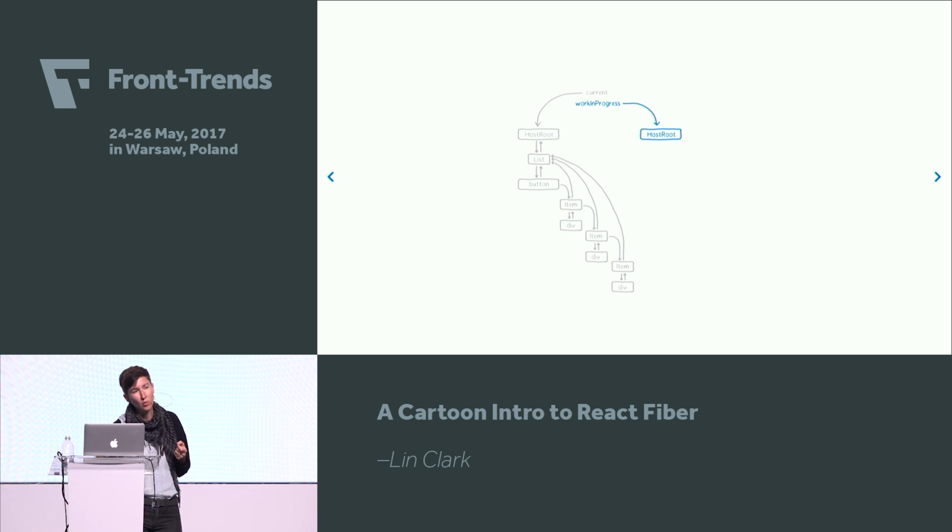The reason that we need a work in progress tree is that we don't want to make changes to the DOM as we're walking down this tree. Now, in the past, with the stack reconciler, that's what React would do. It would actually, as it's walking down the tree, be making changes both to the instance and to the DOM node for that instance.